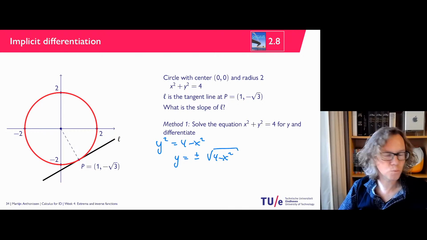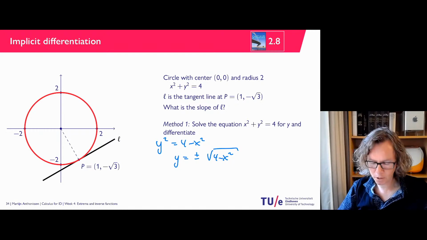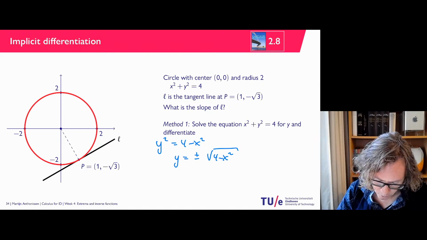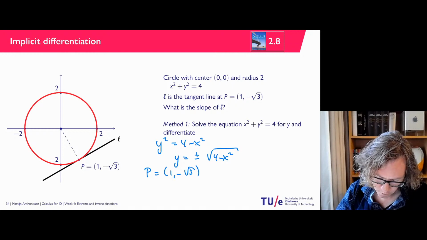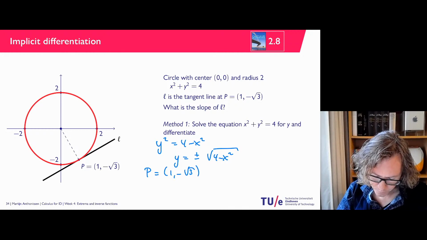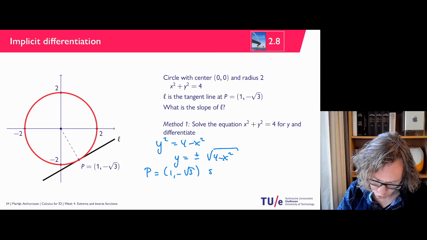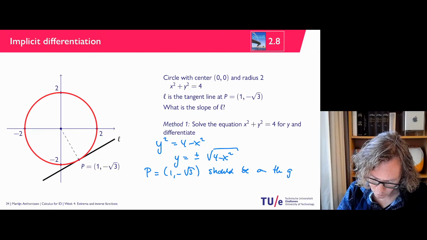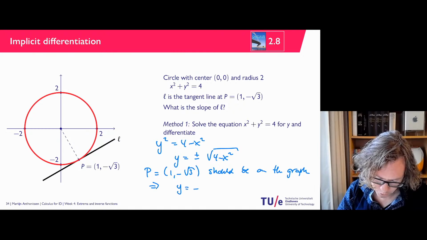Now, which one do we need? Well, P equals (1, minus square root of 3) is the point, so it should be on the graph. So apparently we have to take y equals minus the square root of 4 minus x squared.